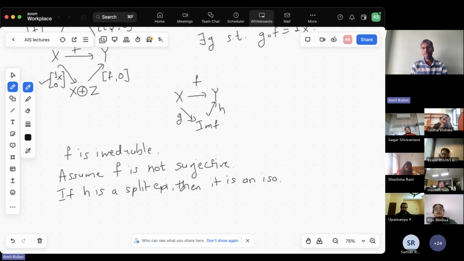A split epimorphism which is also injective is actually an isomorphism. This always works. Which is a contradiction, because we have assumed that it is not surjective. And therefore, what must happen? A contradiction.